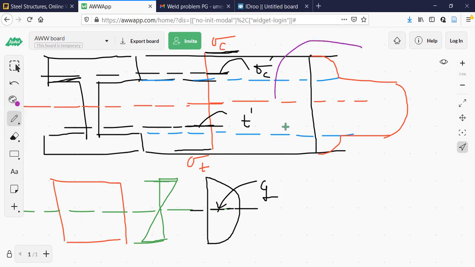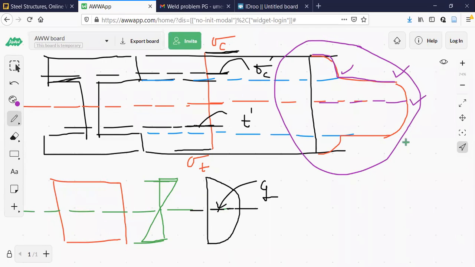Again, the maximum is at the geometrical, that is, the neutral axis only. At the junction, suddenly it becomes bigger. I want you to calculate this value, the value here, this one, and this one. If it is a symmetrical section, you only need to get 3 values: 1, 2, 3.